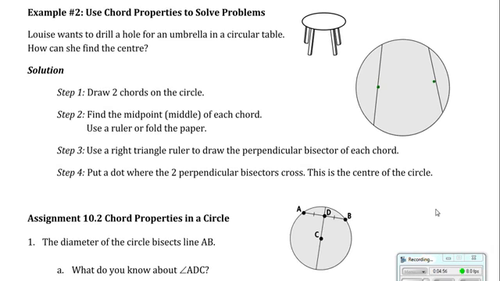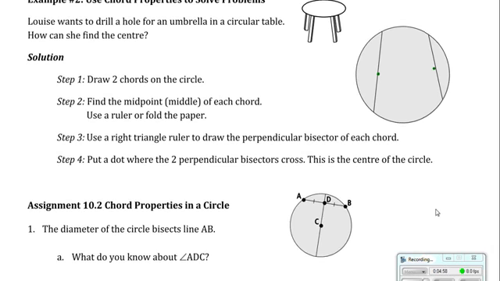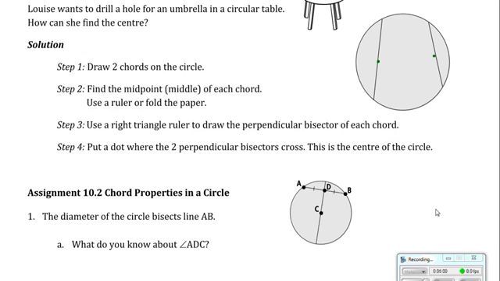Then you're going to use a right triangular ruler or a protractor, that's the word I was looking for, to bisect each chord. Okay, to make the bisector. So we want to draw them at 90-degree angles, and we need it to cut each chord in half.